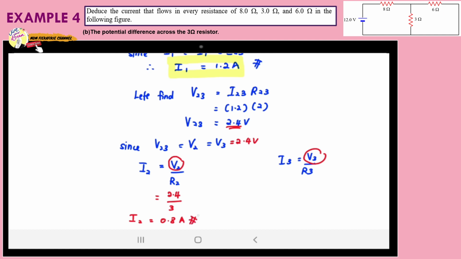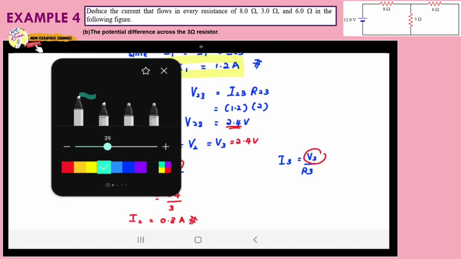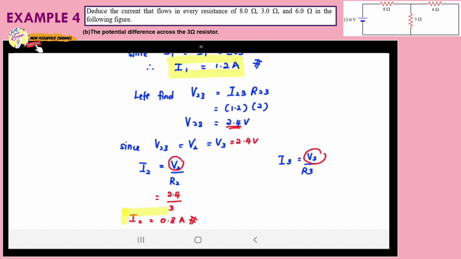Kita dah dapat jawapan yang kedua. For this one, I3 is equal to 2.4 but R3 is equal to 6 ohm, and I3 is equal to 0.4 ampere. So ini jawapan kita yang ketiga.